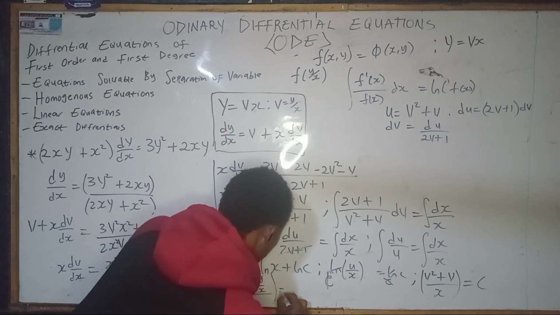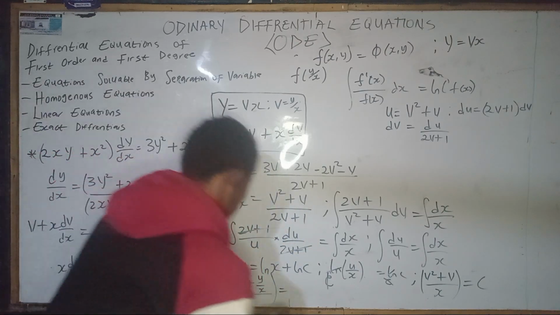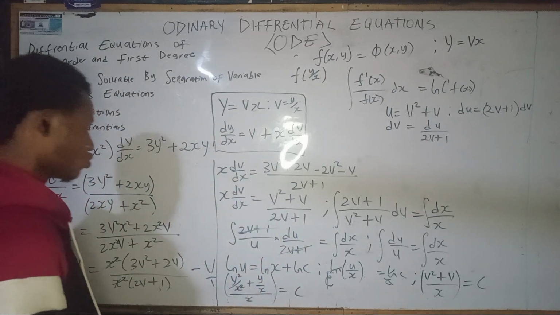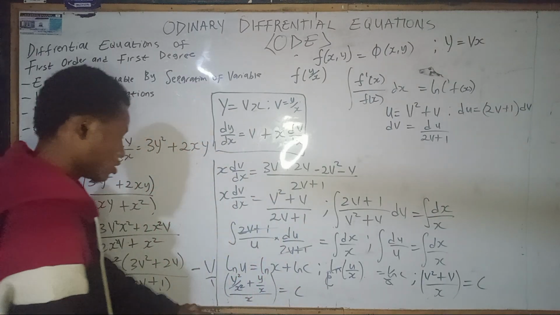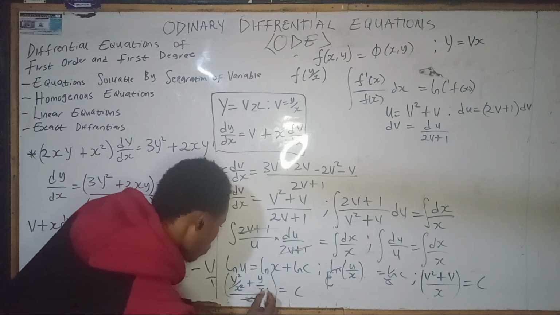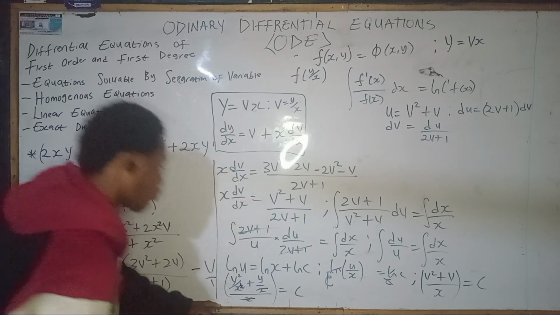This is equal to c. The x here will cancel the x here, and it will cancel one x here.